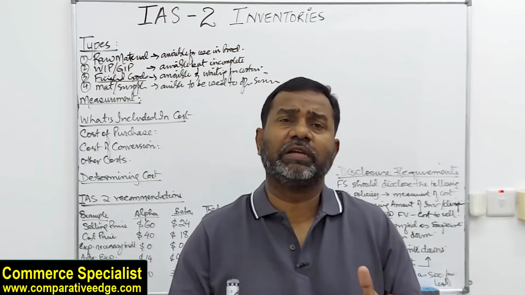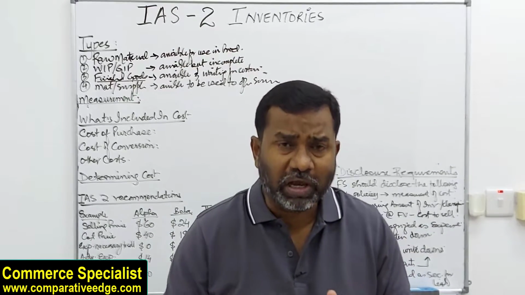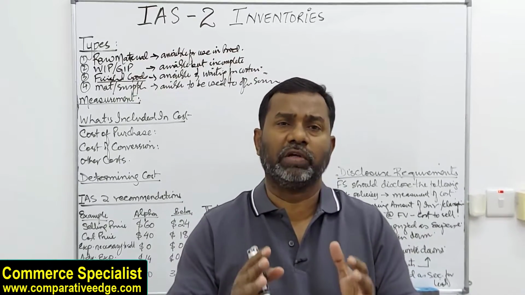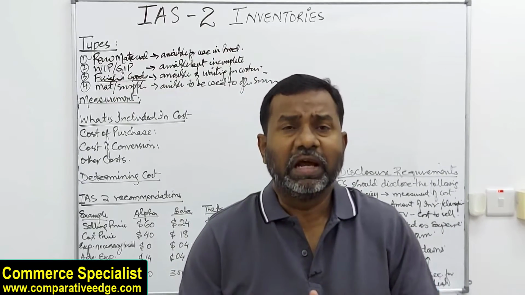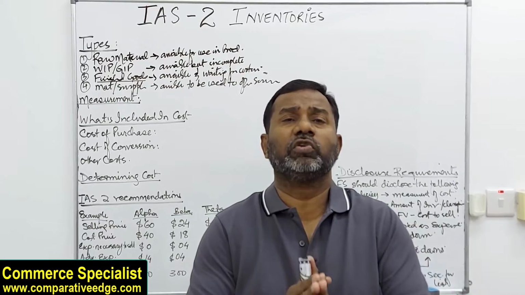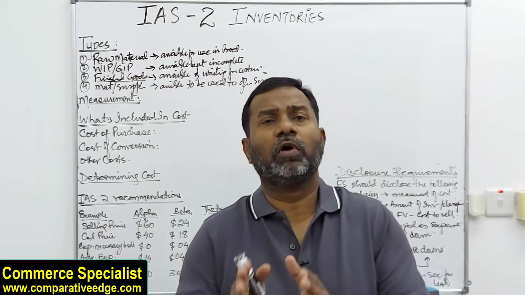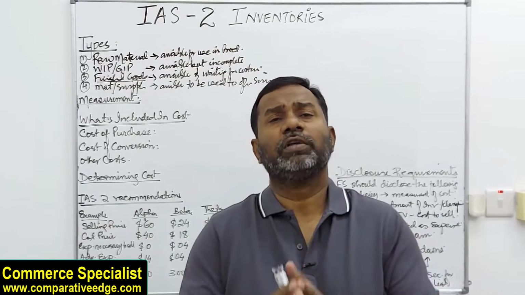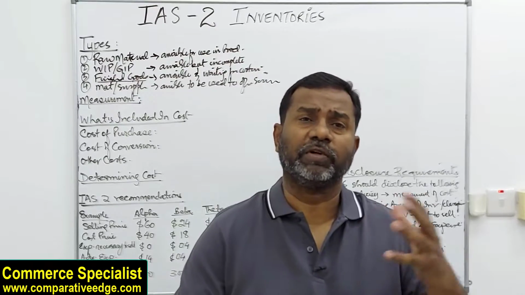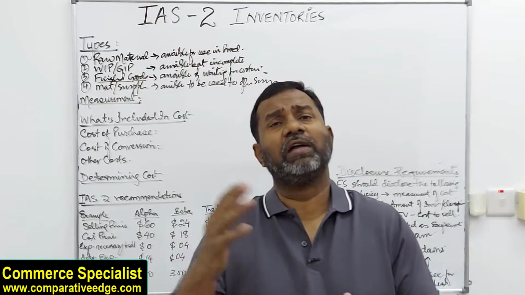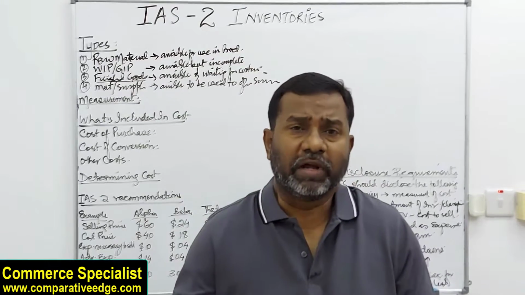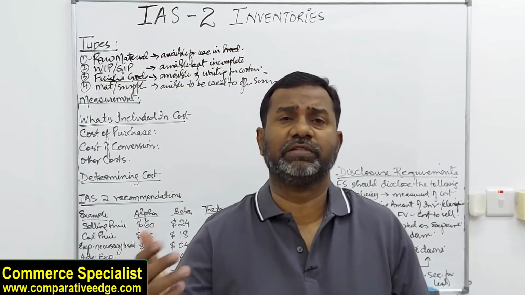Now the other aspect in the standard IAS 2, we have to look at how inventories are measured. IAS 2 recommends that inventory should be measured at lower of cost or NRV. Cost means the cost of purchase, and there are different other costs which we will be talking about, and NRV means expected selling price minus expenses necessary to sell.